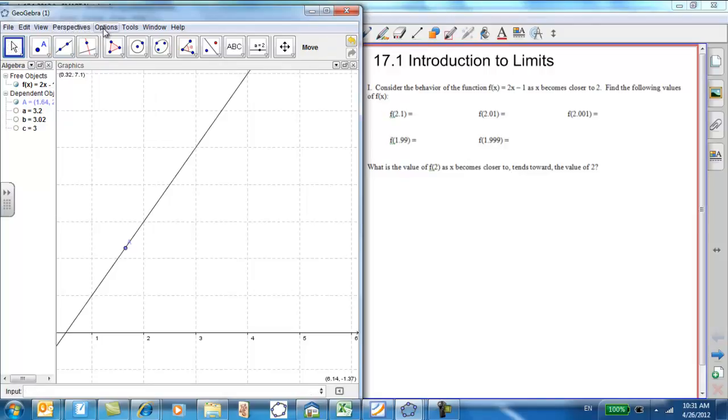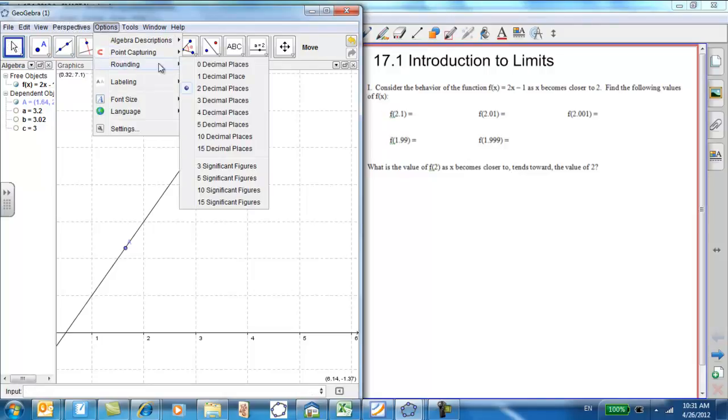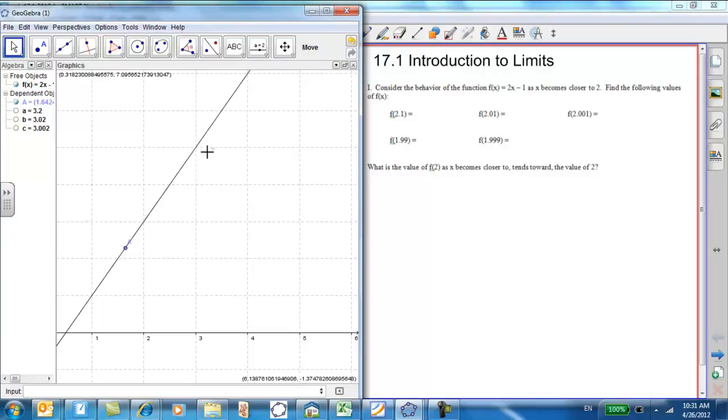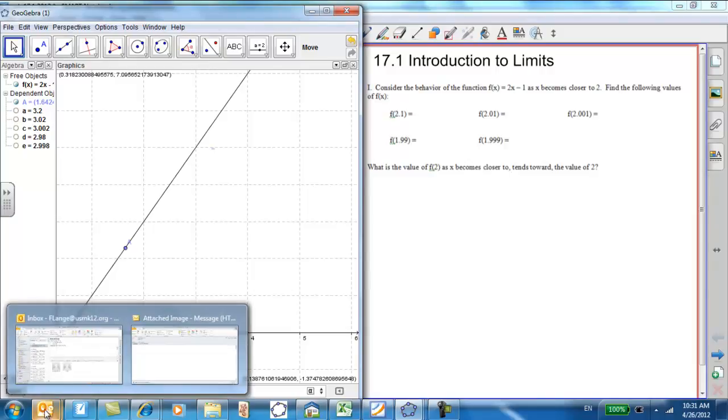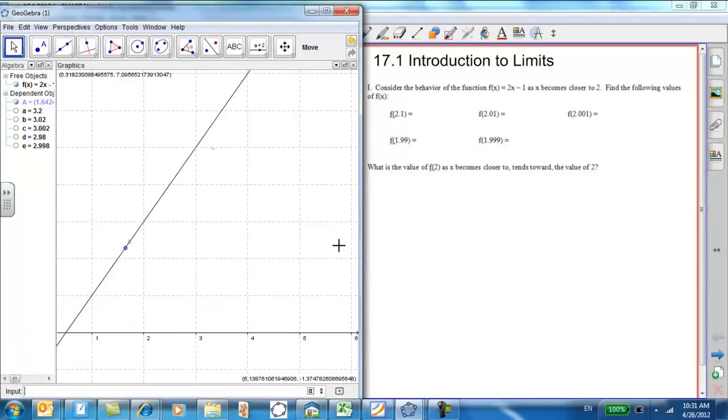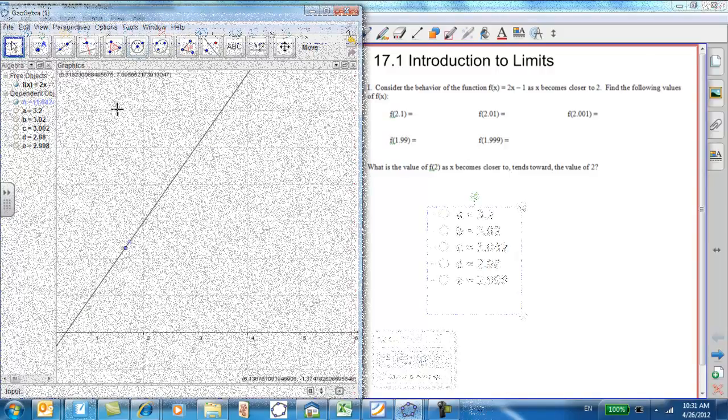Go to our options, rounding. We don't want 2 decimal places, we want 15. Okay, now we can do f(1.99). How about f(1.999)? There we go. And so those are our values from the demonstration.